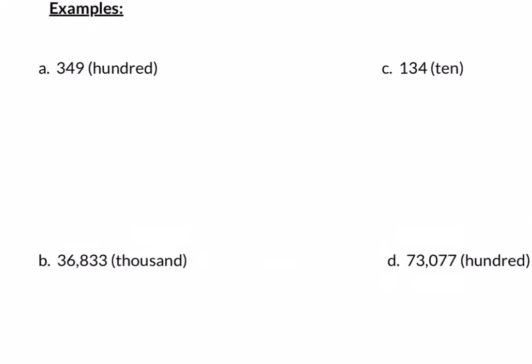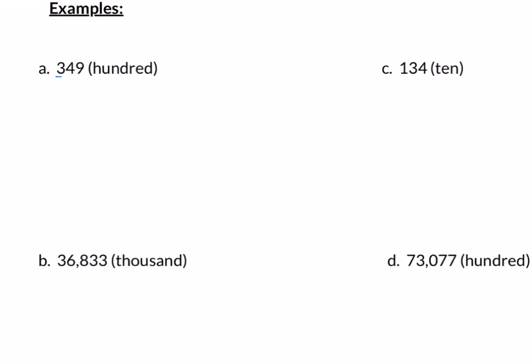If we look at example A, the first thing I want to do is identify the digit that is in the hundreds column. So this is 349. 3 is in my hundreds column.